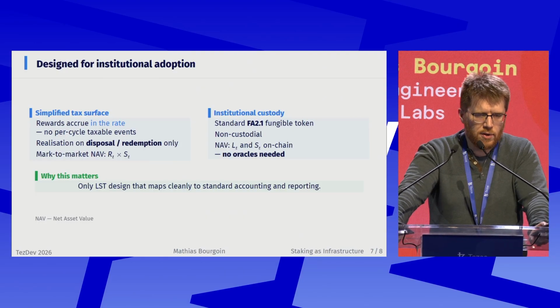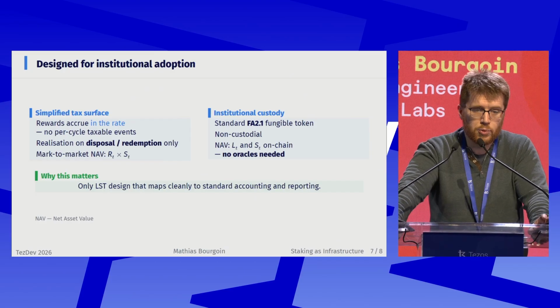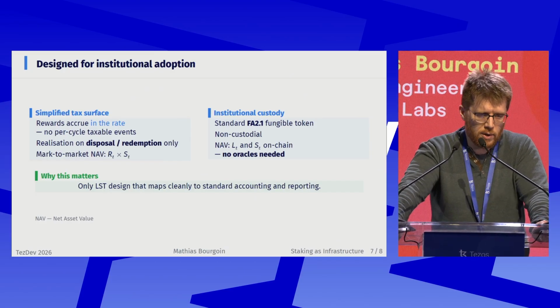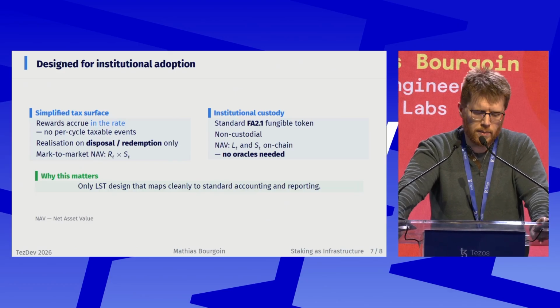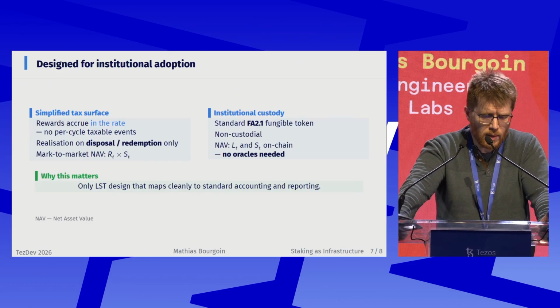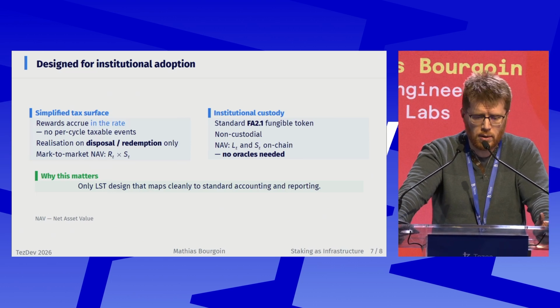As we've seen before, the accrual model is very simple, and this is very important because this opens these systems to institutional adoption. Everything is computable through two values: the number of Tez in the system, in the ledger, and the number of STs actually minted. And this is accessible directly through the chain without the need of any oracle.